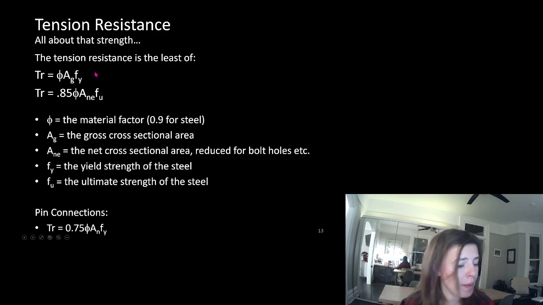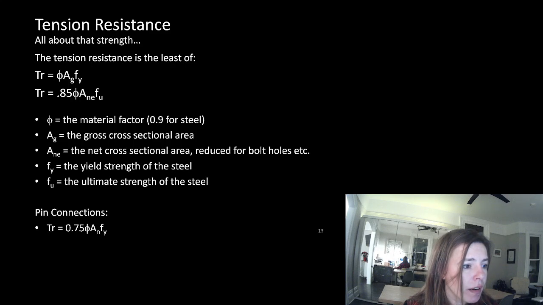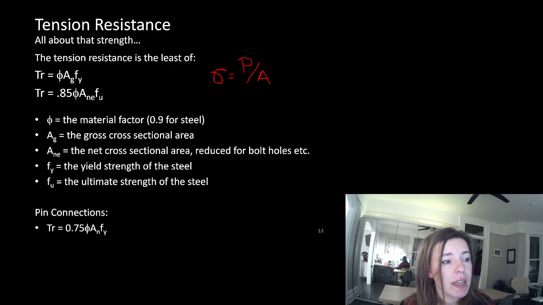So do you remember we had our equation here of stress equals force over area? Look, this is just rearranged.